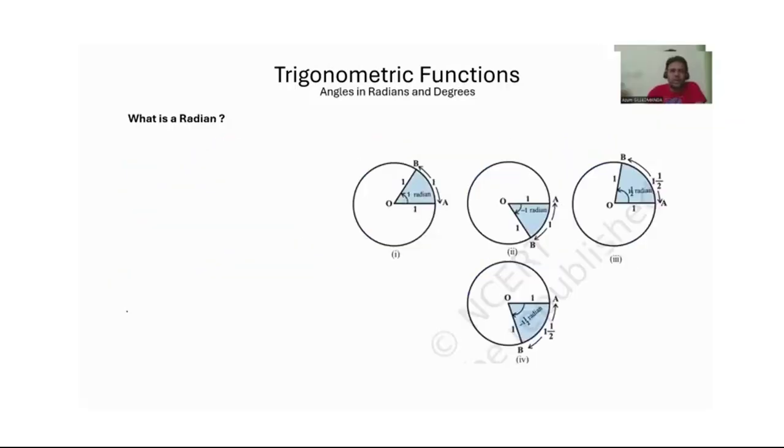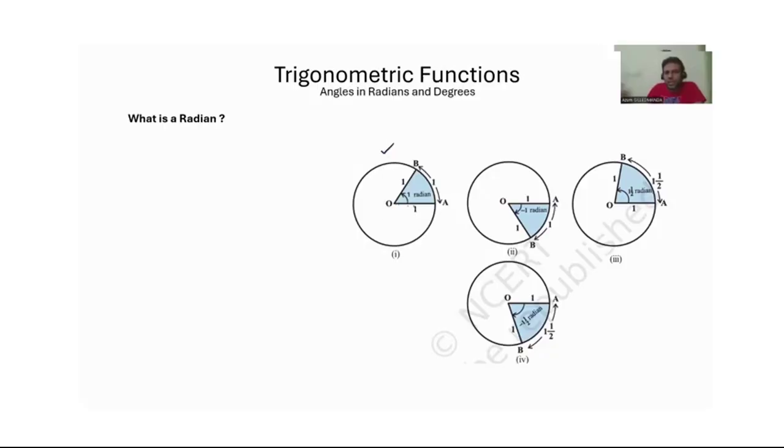Now let's look at what a radian is, right? The other new term I said. The new term is radian. So a radian is one of the measurements of angle other than degree. And how is it defined? Consider a unit circle, consider this figure here, the first figure.